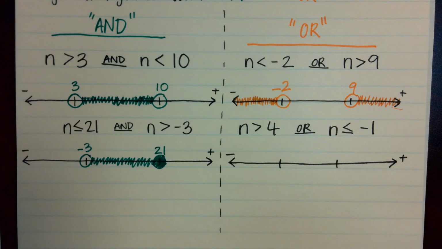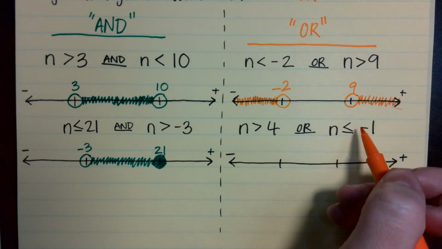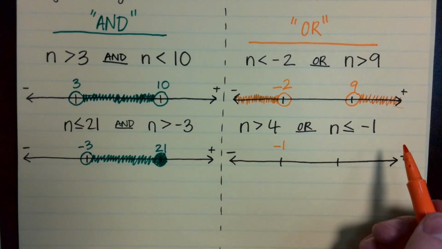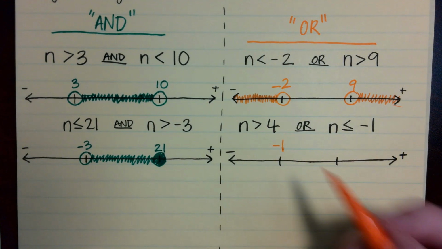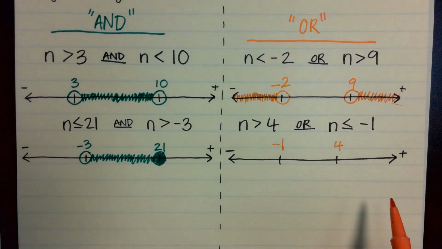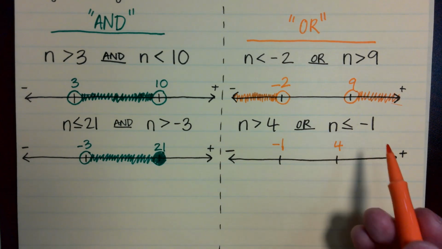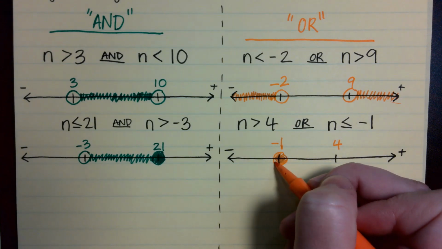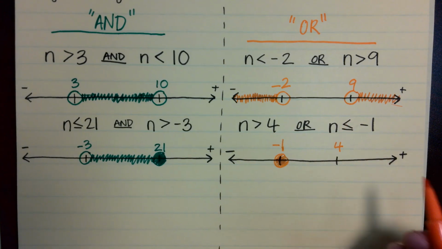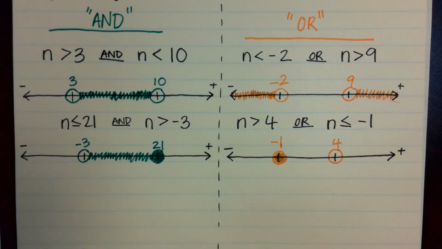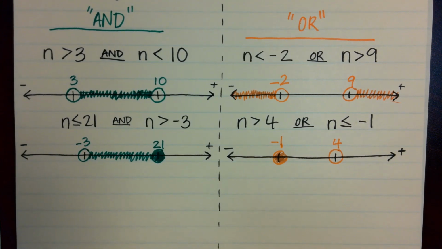Which number goes where? Yep, -1 comes first. It's the smaller number. And then we write 4. Now let's look at our circles. -1, open or closed circle? Closed. Good. -1 is included, less than or equal. And then for 4, do we color the circle in or not? Nope.